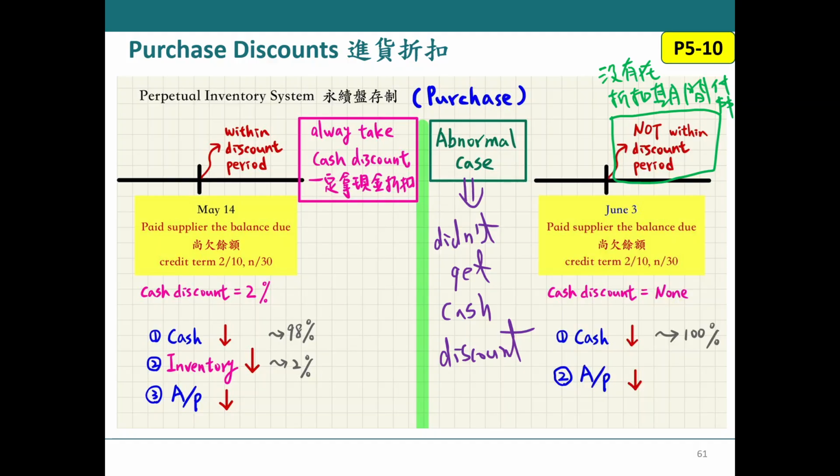Okay. Abnormal case. But you know, case 1, case 2, normal or abnormal, is only one choice, right? So here, I just want to compare the results for you guys, okay? They will not appear at the same time. So please finish the last one on the handout. Case 2, when your company pays the money on June 3rd, okay?